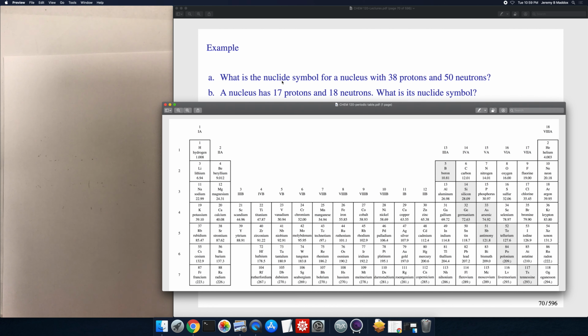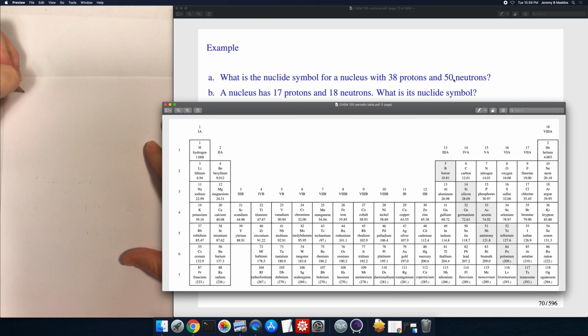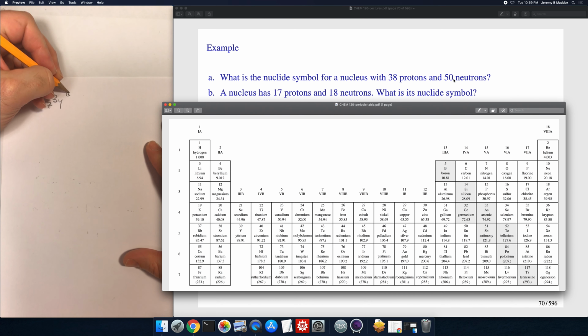So we want to find the nuclide symbol that has 38 protons and 50 neutrons. Remember that our nuclide symbols have the letter symbol for that atom. In the lower left-hand corner, you have the atomic number, which is the number of protons. In the upper left-hand corner, you have the mass number, which is the number of protons plus neutrons, and then you may or may not have a charge, depending on whether you're talking about an ion or not.